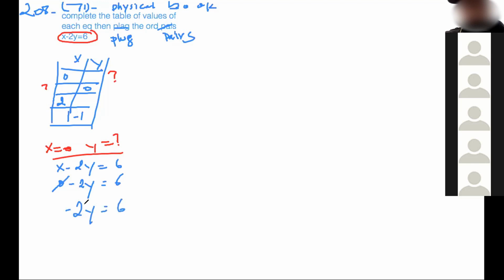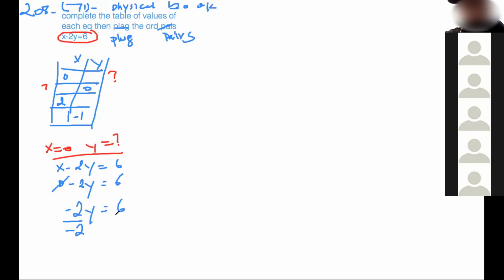Now what do we do to get the y? Do we switch the place? Is it plus 2y or does it stay minus? So we have a multiplication here. This is 2 times y. We want to cancel the -2. How do you cancel it? The opposite of multiplication is division.